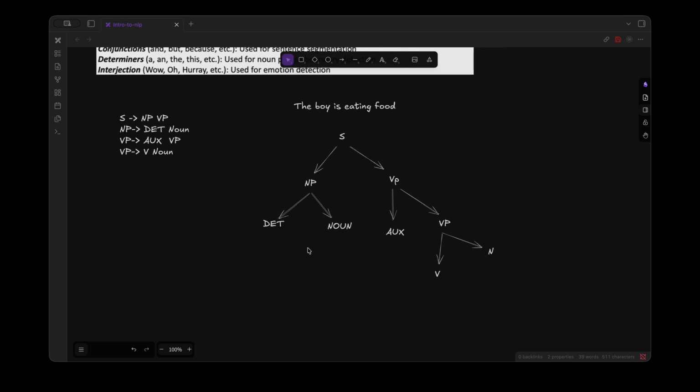So if I derive the whole thing right now, the determiner and noun is the boy, the auxiliary verb is, the verb is eating, and the noun is again food.